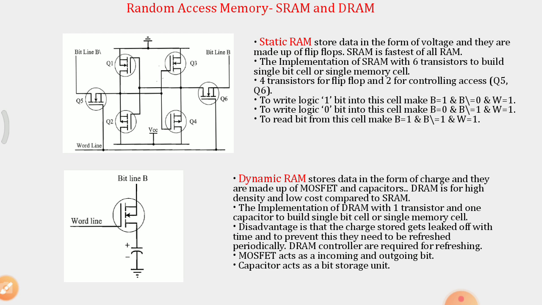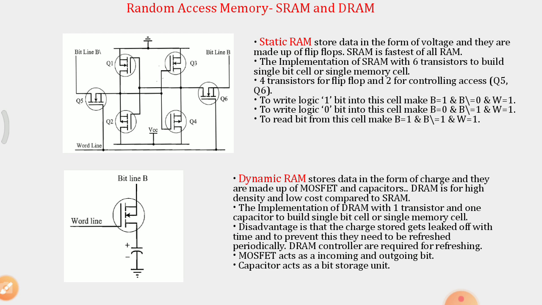The static RAM or SRAM stores data in the form of voltage, and they are made up of flip-flops. SRAM is the fastest of all RAM. The implementation of SRAM with 6 transistors to build a single bit cell or single memory cell is shown in the figure on the top left side.